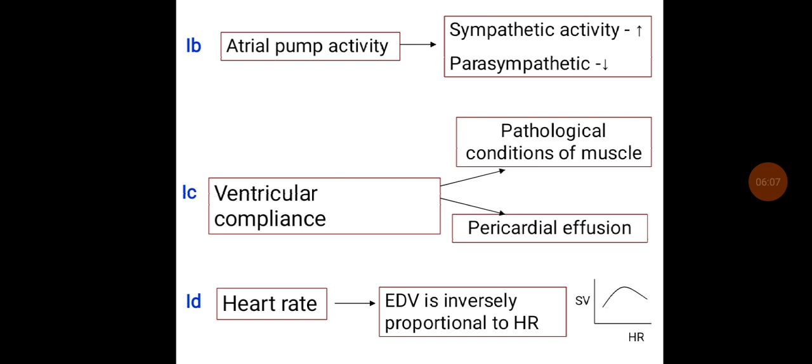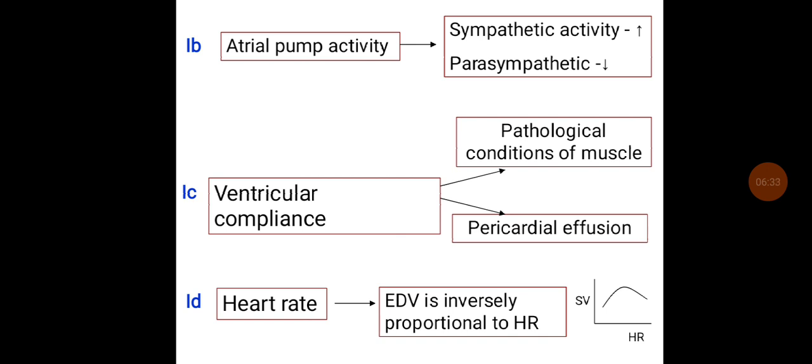It is affected in some pathological conditions like fibrosis. Because of hypertension, there will be over-thickness of the muscle fiber where compliance gets affected, so there also the cardiac output is reduced. In pericardial effusion, fluid accumulates around the heart and resists the muscular contraction.